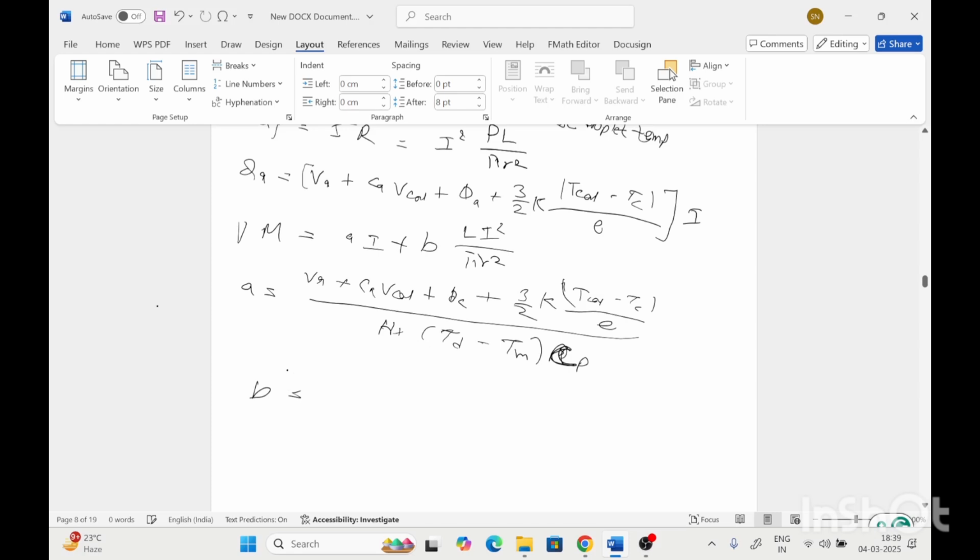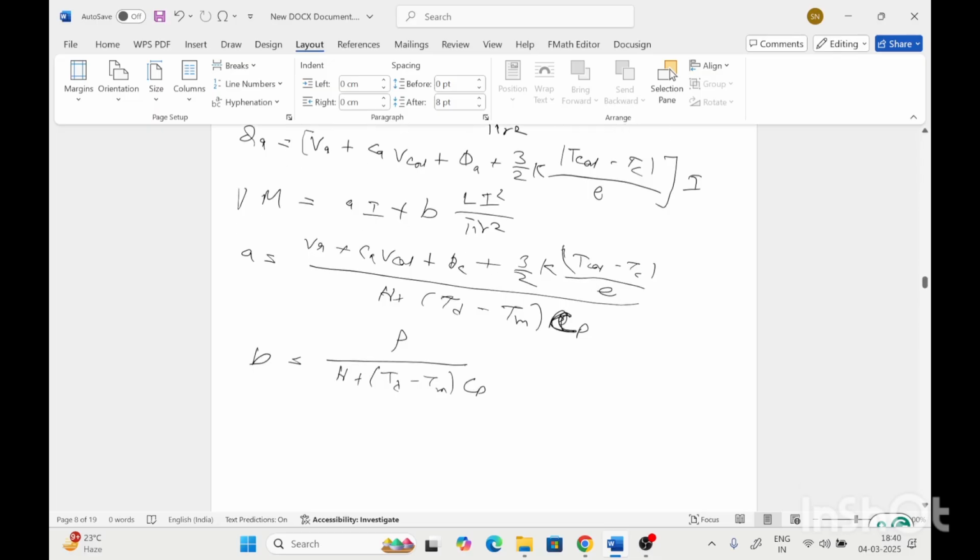And B can be written as resistivity divided by H plus TD minus TM CP.